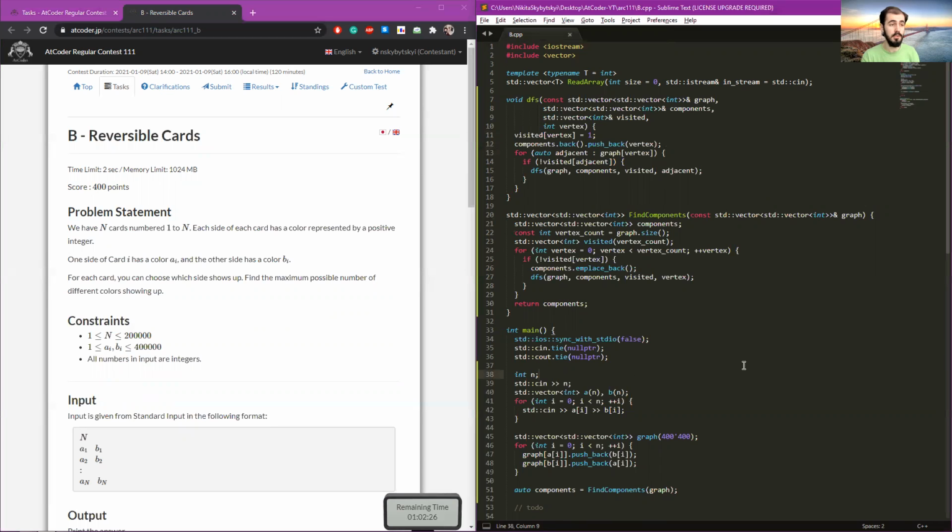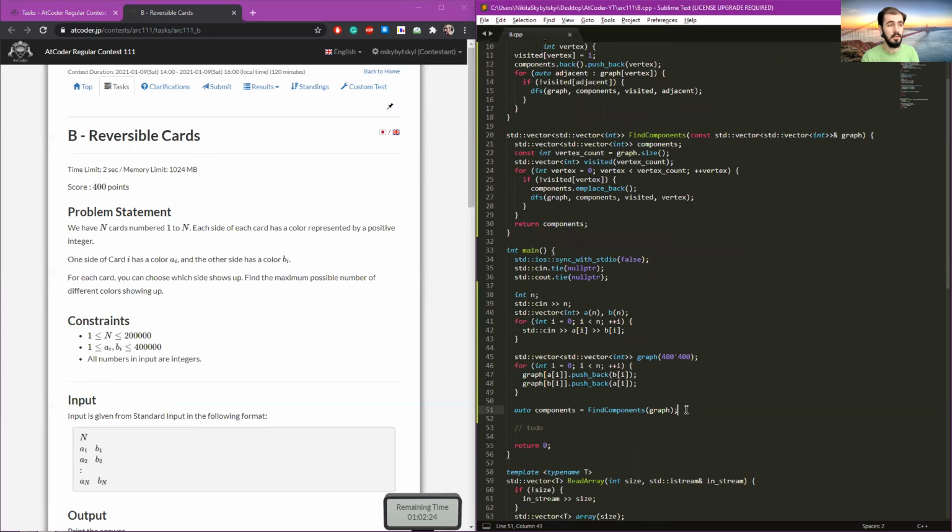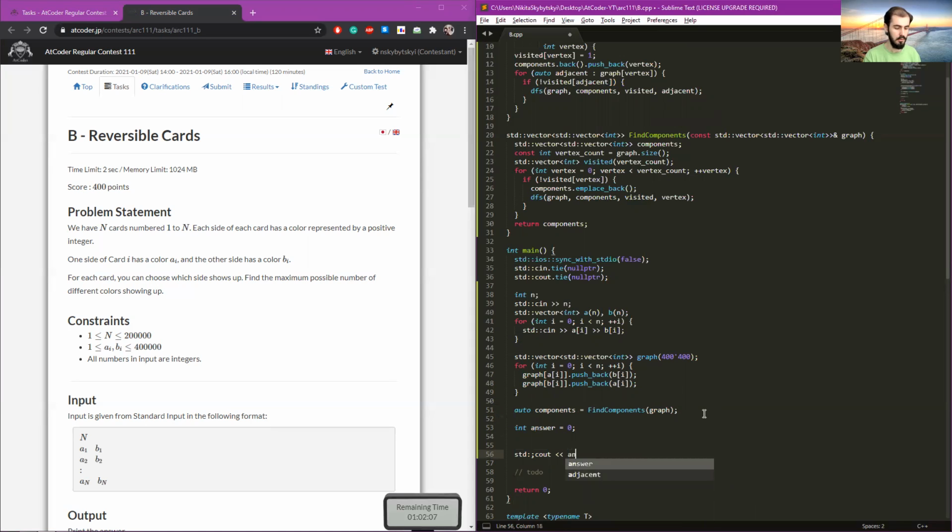Am I stupid? I mean, whether a component is a tree or not, we will just count the number of vertices, right? So the initial answer is 0. At the very end, we'll output it.